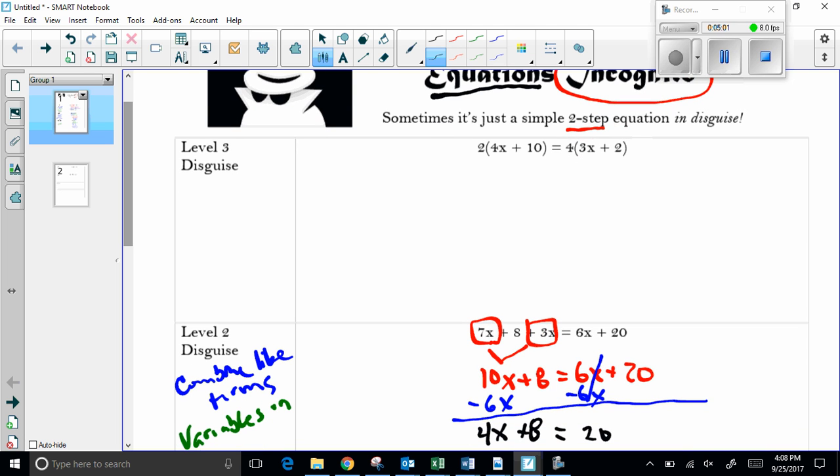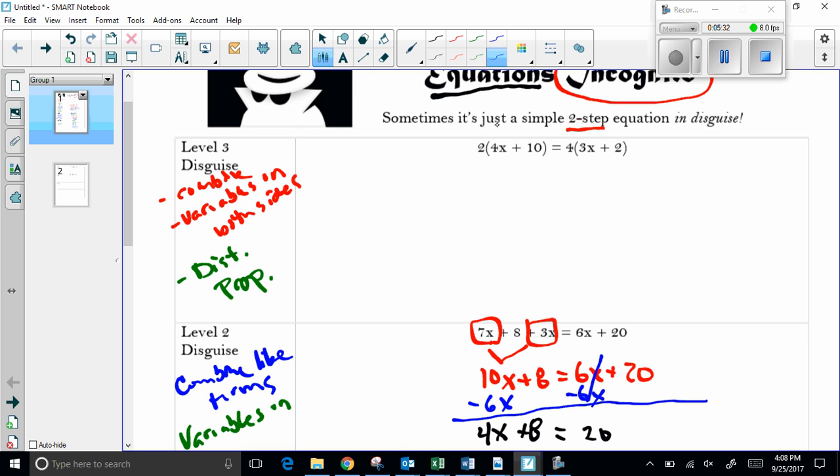For this final equation, there's all kinds of stuff. We might have to combine like terms. You also might have variables on both sides. But there's one other thing you have to watch out for, and that is you have to use the distributive property to first expand your equation and then start simplifying it.